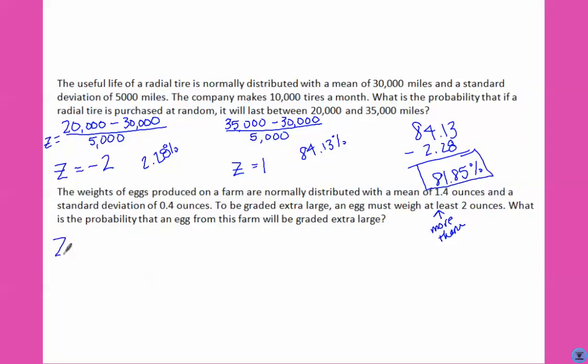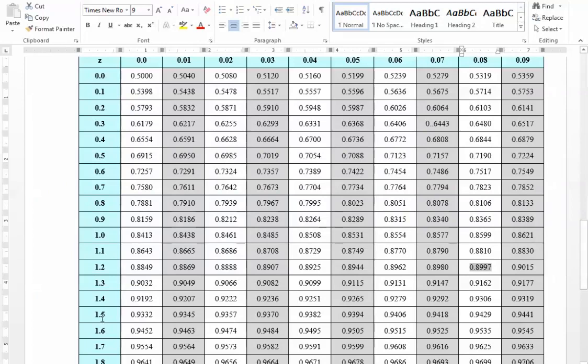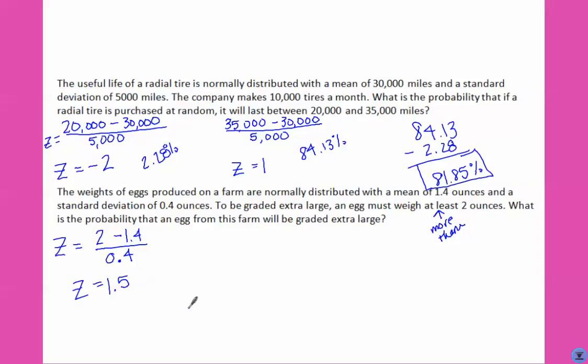So first we need to find the z-score. We know it's 2 ounces minus our mean of 1.4 over the standard deviation of 0.4, and we get a z-score of 1.5. Looking at our chart, 1.50 gives 93.32%.